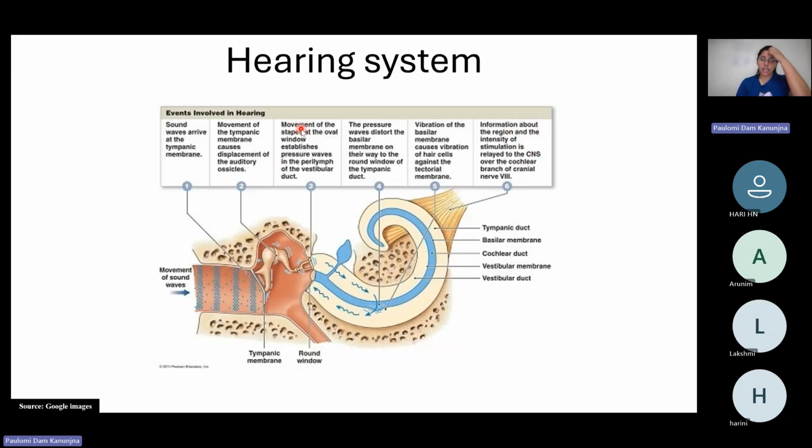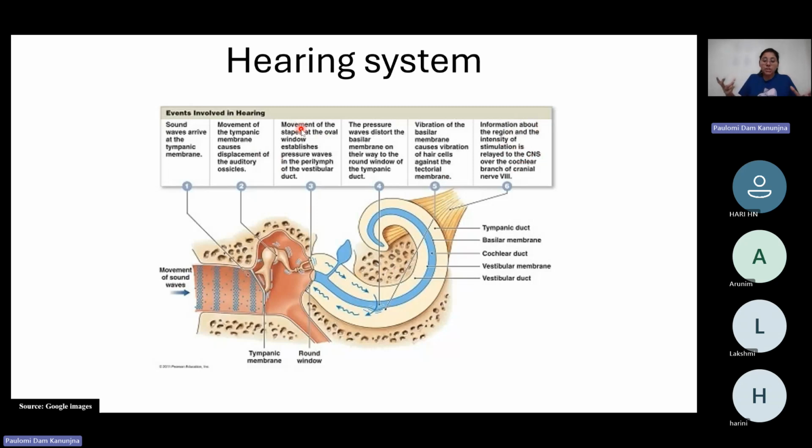And lastly, the ultimate goal is that all this movement will lead your hair cells to bend, and that bend gives a mechanical pressure, which leads to the relaying of information to the CNS, the central nervous system, which is processed by the auditory cortex.